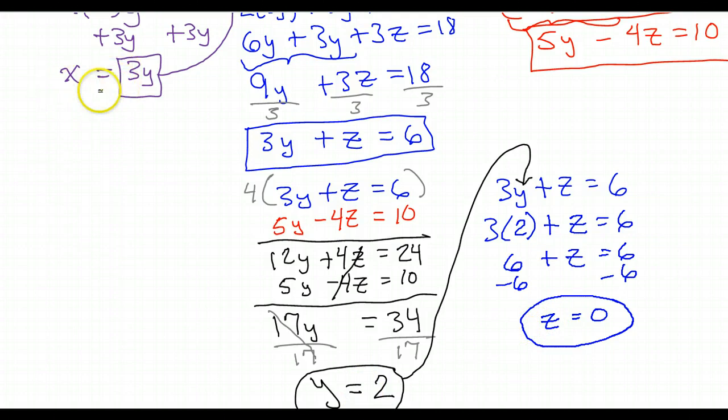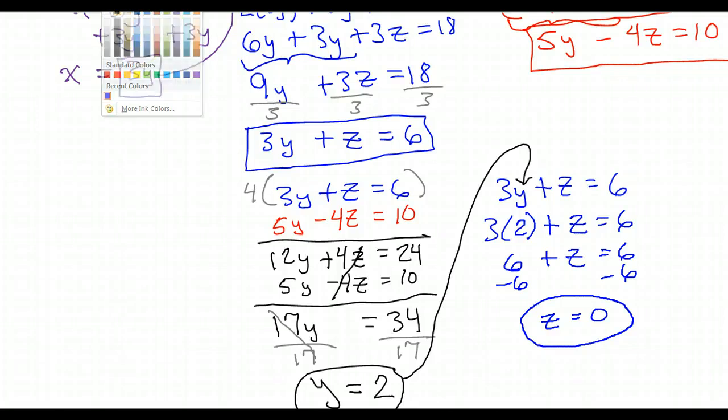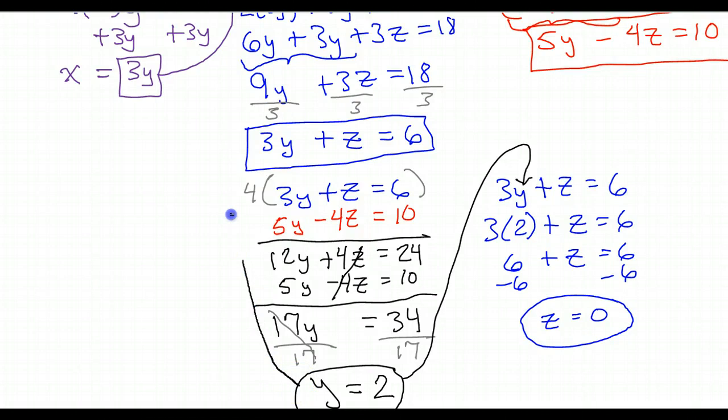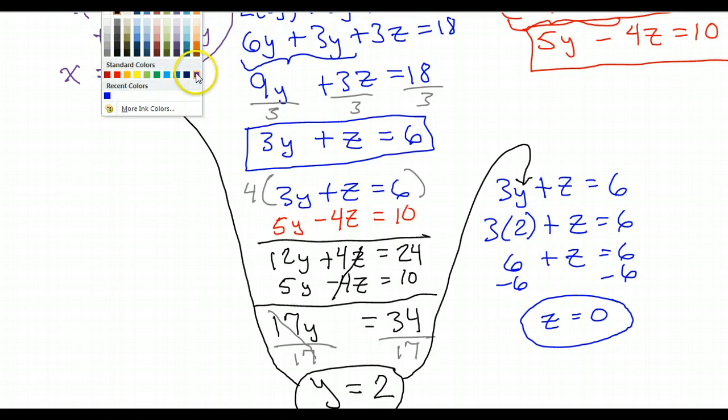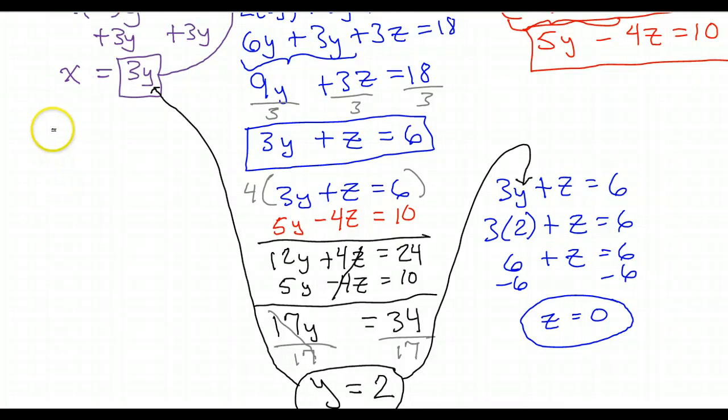Well, look, right from the beginning I had this little x term, x equals 3y. And now I know what y is, so I could definitely plug that in. So I'm going to take this y value of 2, and I'm just going to substitute it for y like you do. Alright, so that's going to give me x equals 3 times 2, which of course is 6.